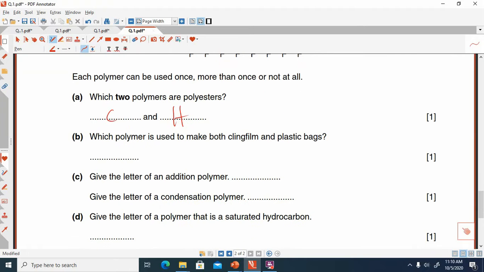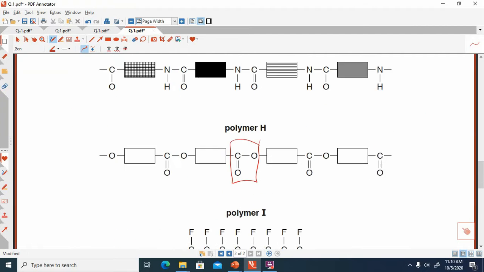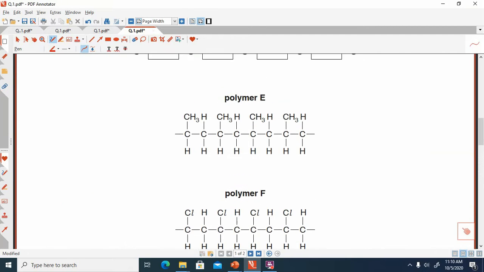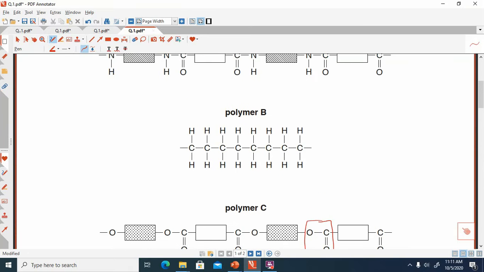Now, which polymer is used to make both cling film and plastic bags? Cling film and plastic bags are the uses of polyethylene, right?